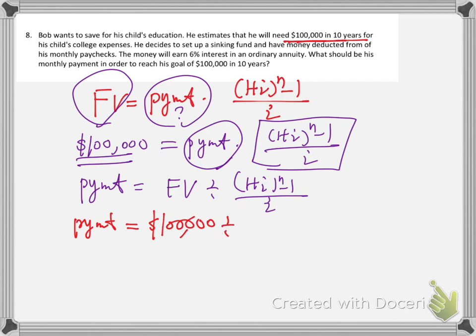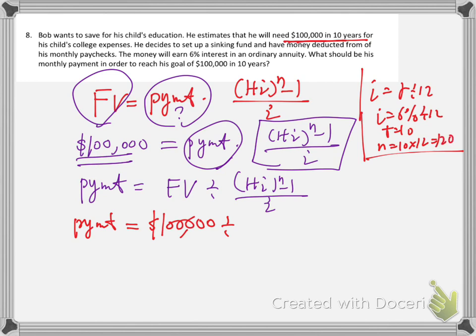100,000 divided by. Now what is I? I is the same, right? It's R divided by 12 because this is still compounded monthly. So this is 6% divided by 12. It's still 10 years, so T is 10, so N is 10 times 12, 120 months.